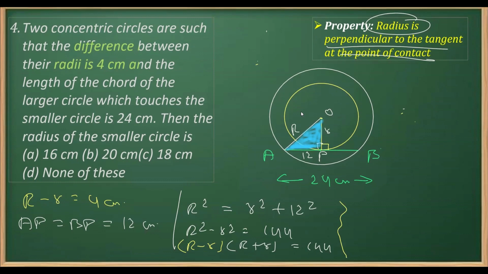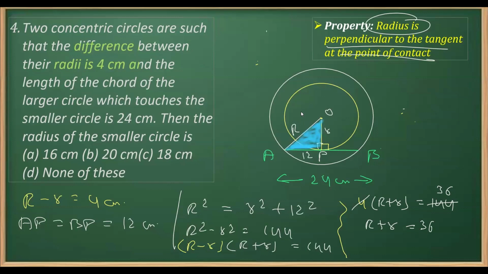So 4 multiplied by capital R plus small r is equal to 144. I can reduce it: 4 times 36 is 144. So we got capital R plus small r as 36 centimeter.